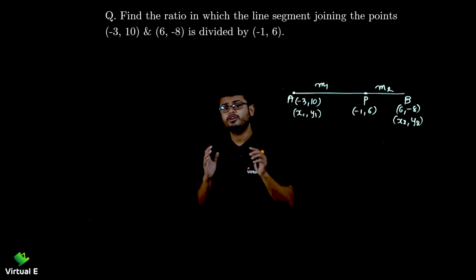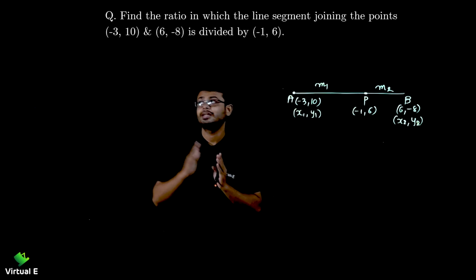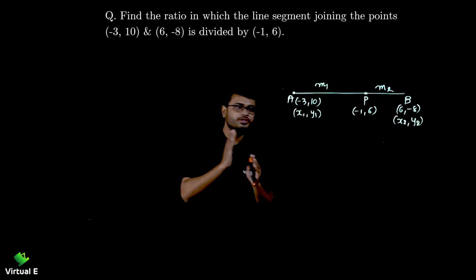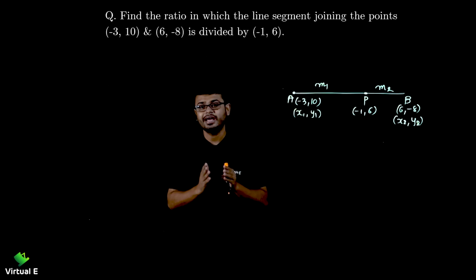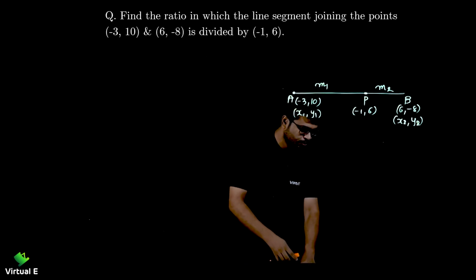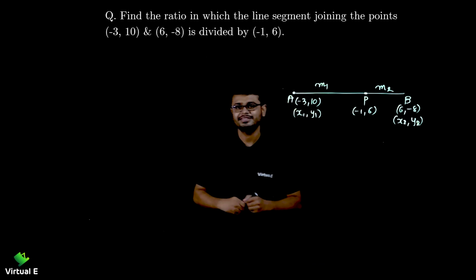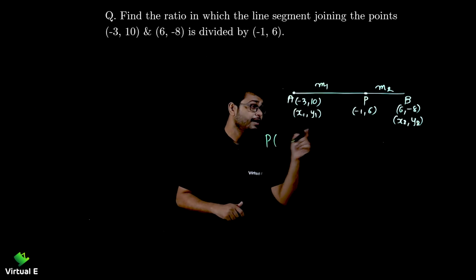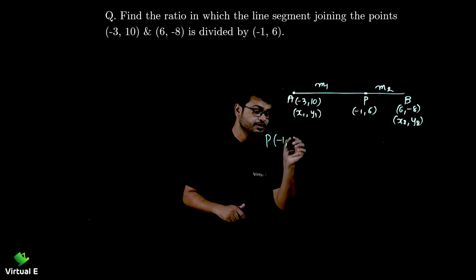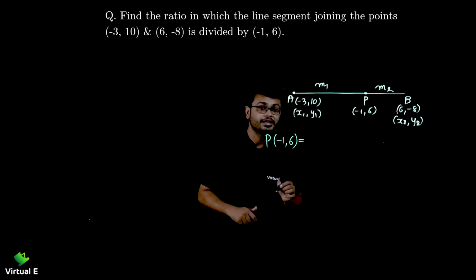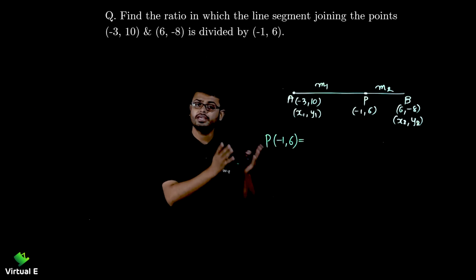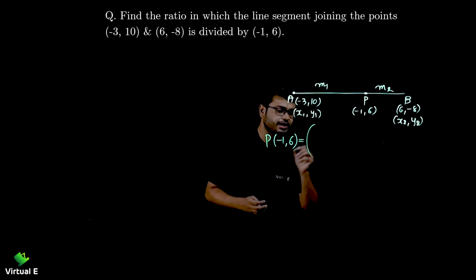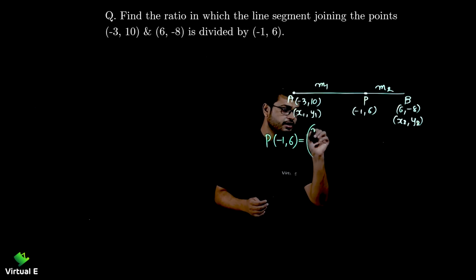Now which formula are we going to use? Yes, section formula. So first of all, let's write the section formula. I hope you remember how to write the section formula. Okay. So let's write here P, and I'm going to write direct answer, which is (-1, 6). The reason behind that, because that point is already given. Okay, so let's write the formula, which is m1.